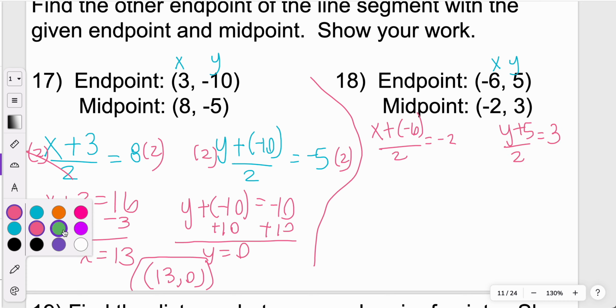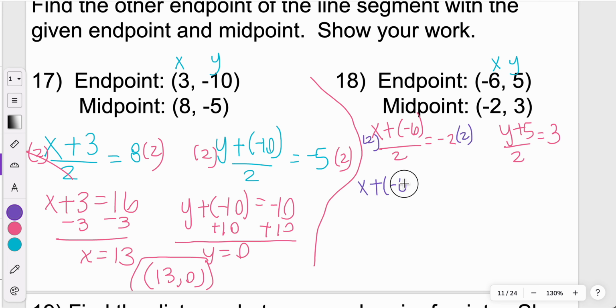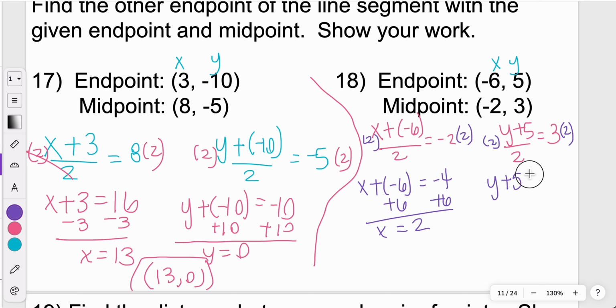Again, starting by multiplying by 2 on both sides, it becomes x plus negative 6 is equal to negative 4. Adding 6 to both sides, I get x is equal to 2. For my y's, multiplying by 2 on both sides gives y plus 5 equals 6. Subtracting 5 from both sides, I get y is equal to 1. So my other endpoint would be 2 and 1.